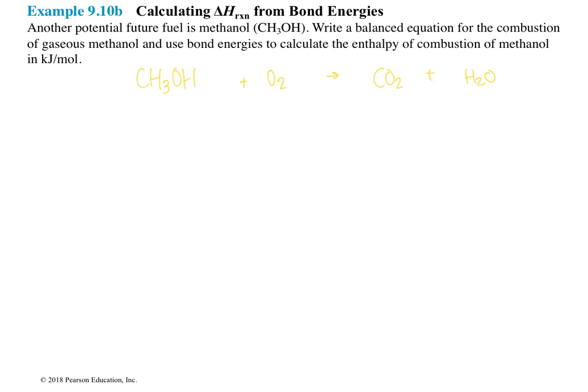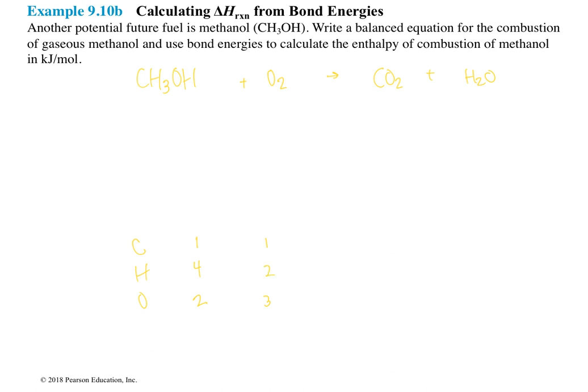Over here I have carbon, hydrogen, oxygen. On my reactant side I have 1 carbon, 2 oxygens, and 4 hydrogens. Products, I have 1 carbon, 3 oxygens, and 2 hydrogens.